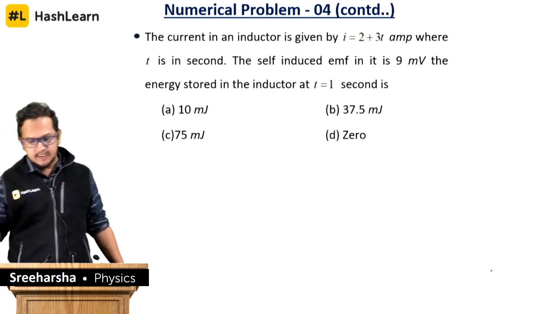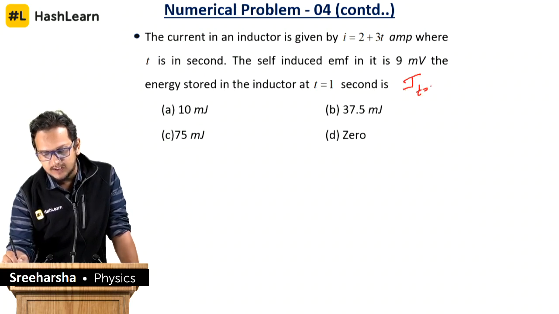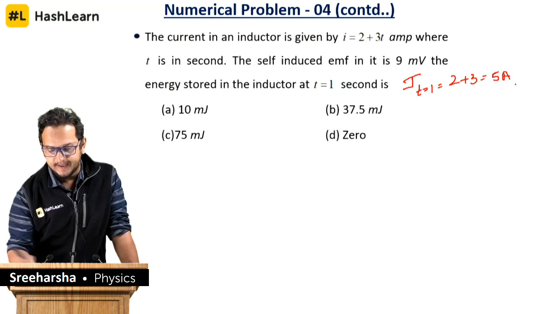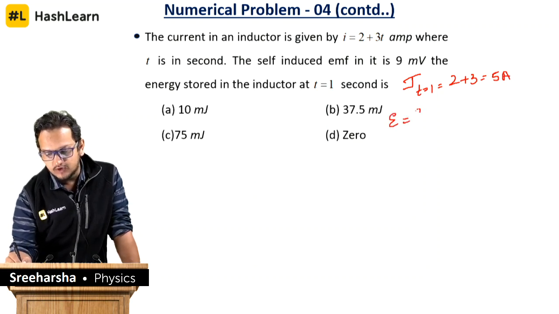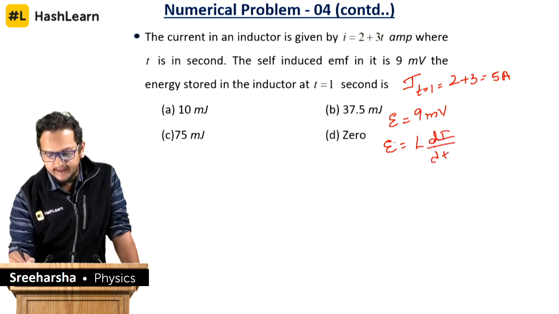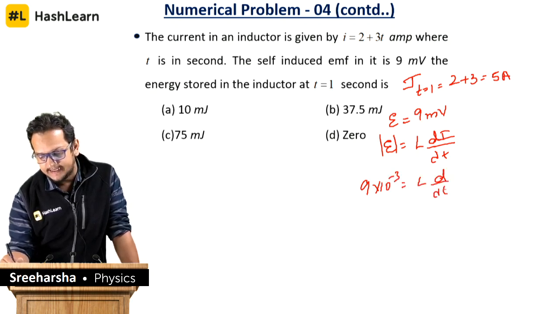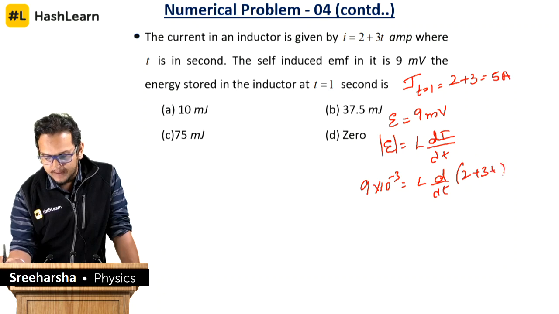So the first thing, let us know the current at 1 second. I at t equals 1 second will be 2 plus 3, which is equal to 5 ampere. Here E is equal to 9 millivolts. We know that E is equal to L into di by dt if I take the magnitude. So 9 into 10 power minus 3 is equal to L into d by dt of (2 plus 3t).